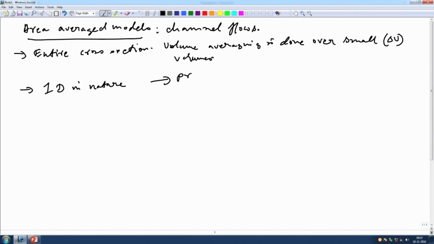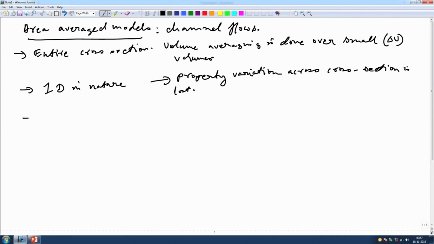So, property variation across the cross section is lost. Keeping these things in mind, let us look at how the area averaging model actually works.